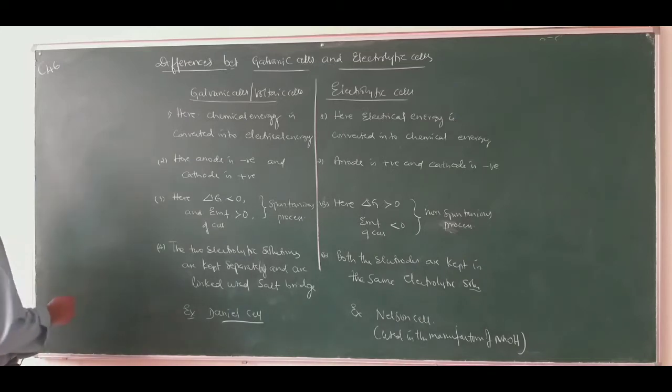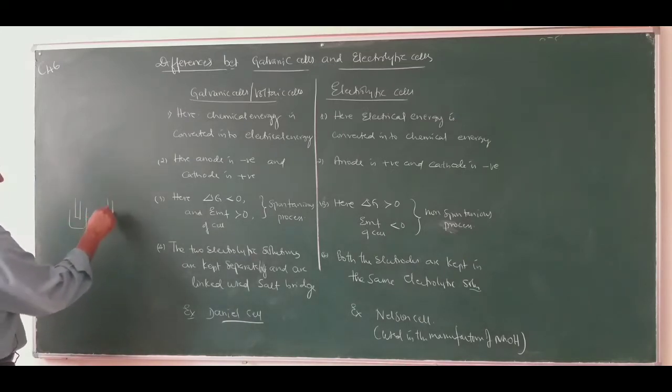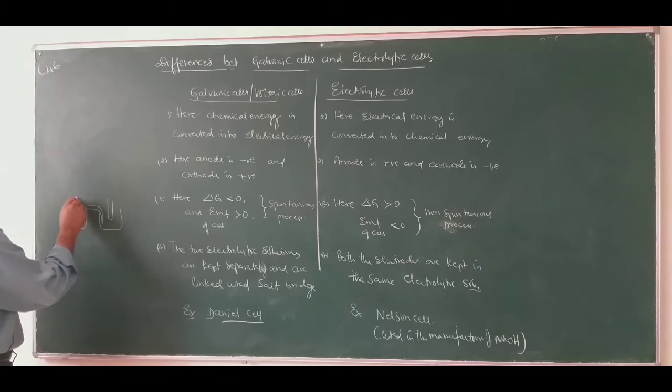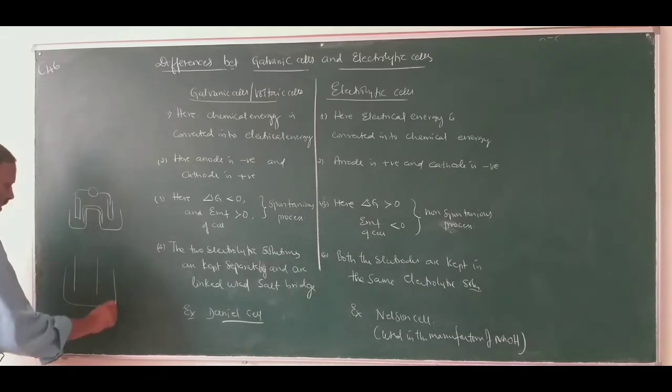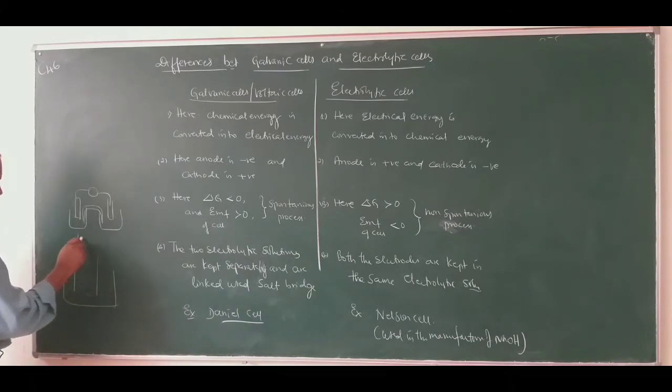So what are galvanic cells? Two electrodes are dipped in two electrolytic solutions and they are connected internally by a salt bridge and externally through a wire. This is a galvanic cell. On the other hand, what is an electrolytic cell? Two electrodes are dipped in the same solution and these two electrodes are connected to a battery.